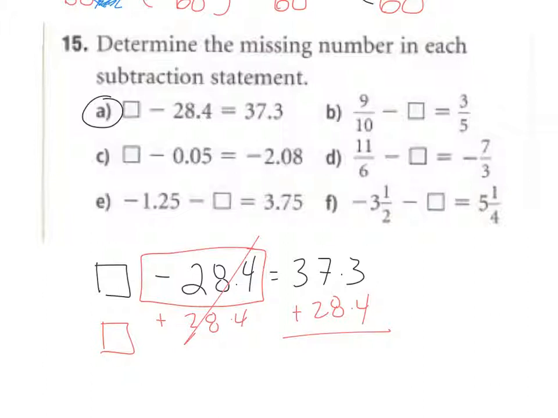That cancels, and so I say positive 37.3. I'm going to add to it 28.4, and I get 7. Again, I'm lining up my decimals. It's a rational number, so let's review that. 8 plus 7 is 15. Carry the 1, and my answer is positive 65.7. That holds true for all of these.